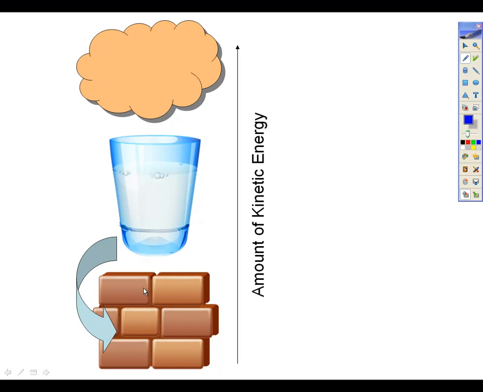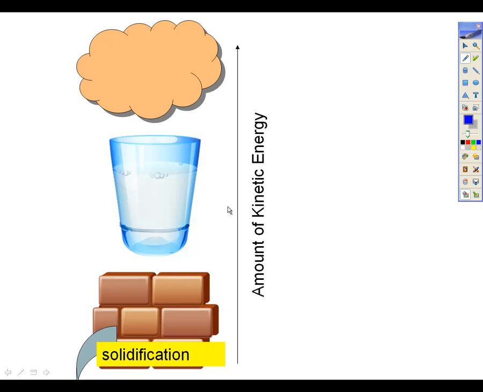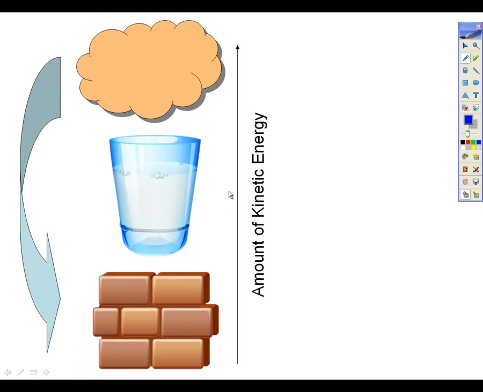Going from a liquid to a solid is called solidification. I know you want to call it freezing, but the technical name for it is solidification. Going from a gas to a solid is called deposition.